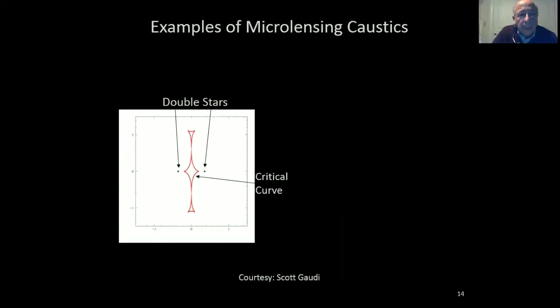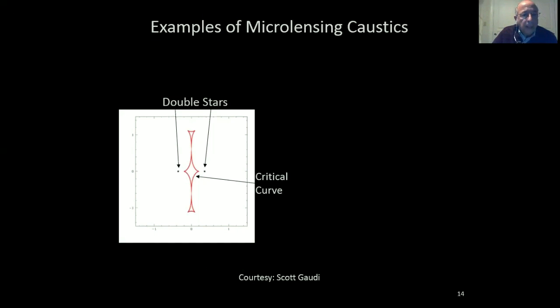so here are some examples of microlensing caustics. Two double stars that have created an Einstein ring create this weird kind of caustic, and a background star that happens to cross that Einstein ring, if it hits one of these caustic regions, its light curve is going to have a characteristic blip to it that we're going to see in a second.